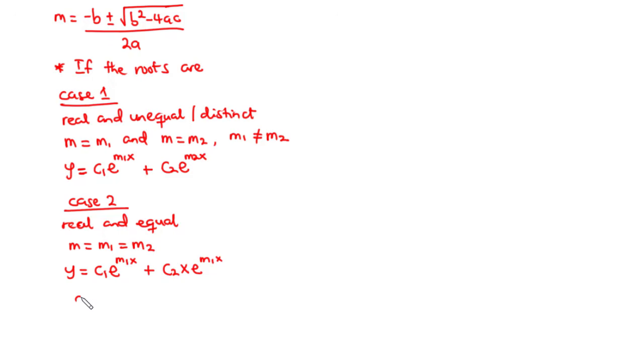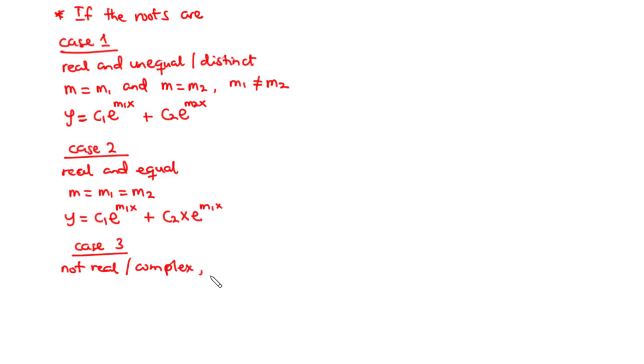Now let's move on to case 3. So for case 3, if the roots are not real, or we say that they are complex, then that is where you have m equal to alpha plus or minus i beta.